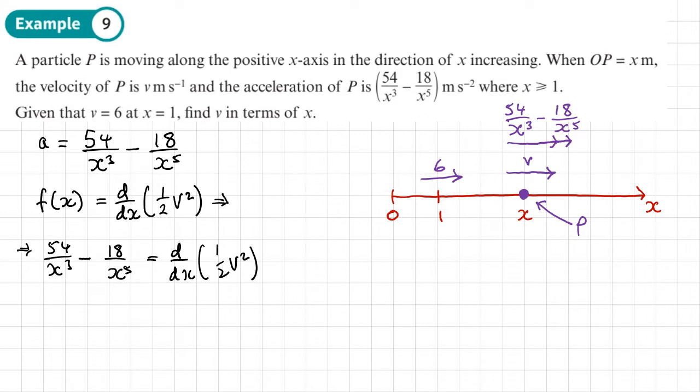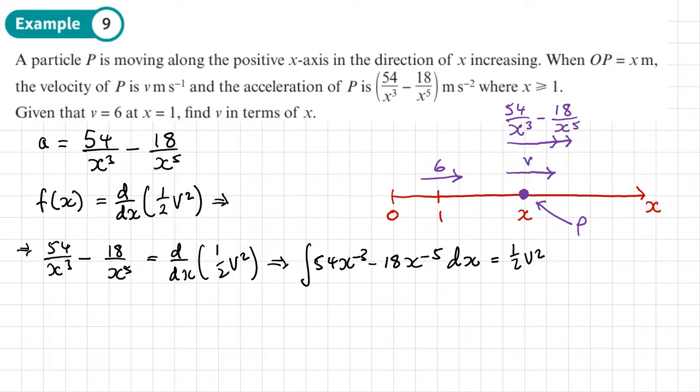We'll integrate both sides, so actually let's write that as the integral of 54 x to the minus 3 minus 18 x to the minus 5 dx, equal to half v squared.